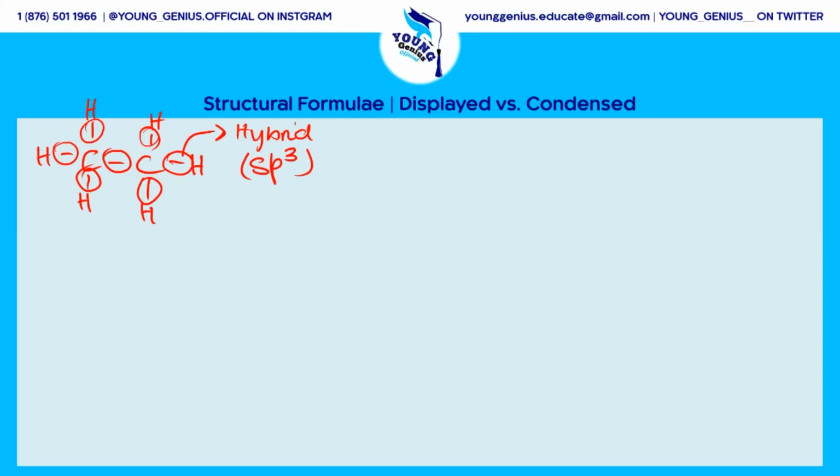All right. So in the case of a condensed formula now, the condensed formula is almost similar to the molecular formula. But the difference is that the condensed formula will show you how the molecule is drawn, while the molecular formula just shows you the makeup of the compound.